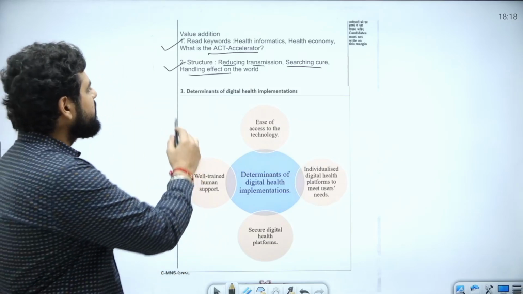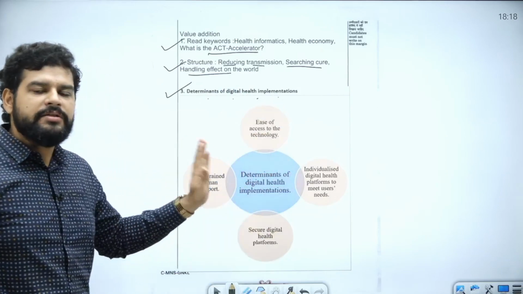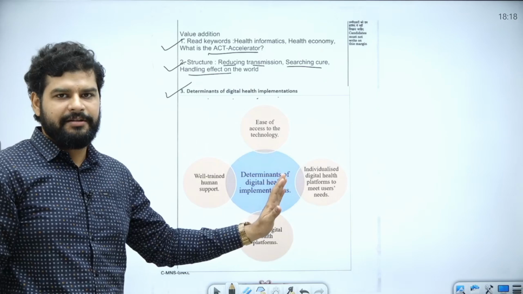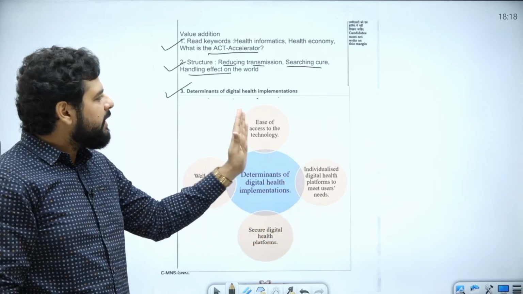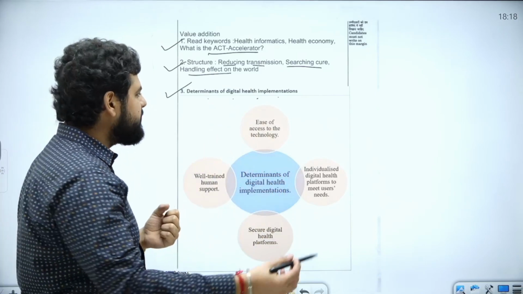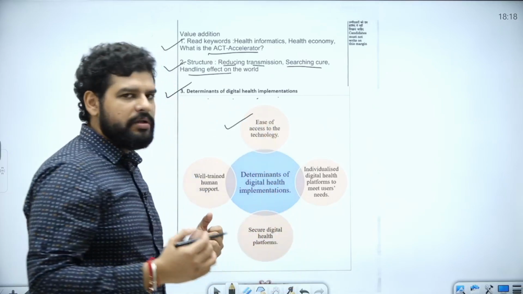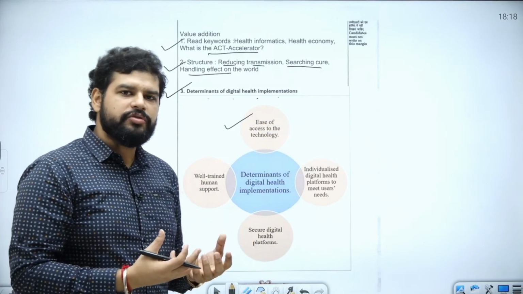Now another thing which I wanted to share is determinants of digital health implementations. Now this you can put up in any way, right? You can change the phrases and you can put up this in any digital health or digital technology adoption. So the first thing is, ease of access to technology is very important. Many old people are not able to use the current technology.